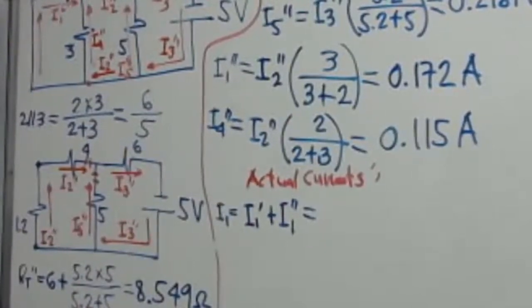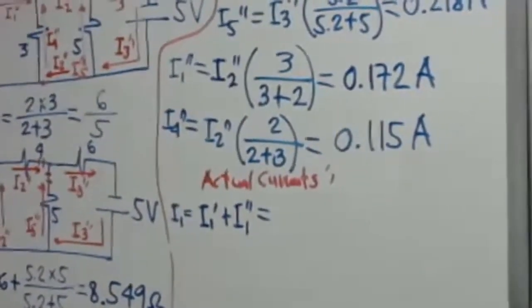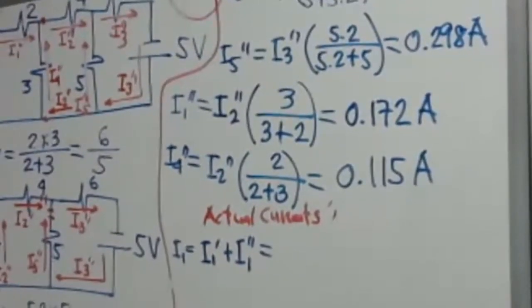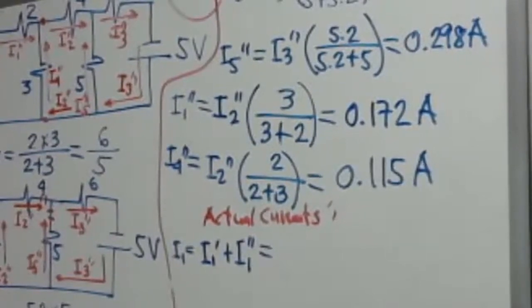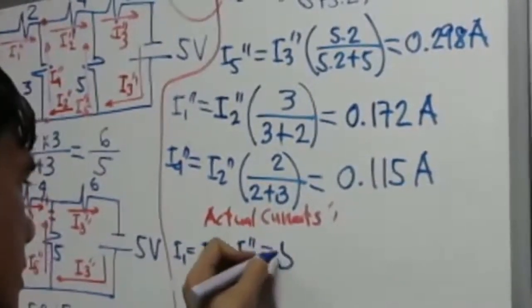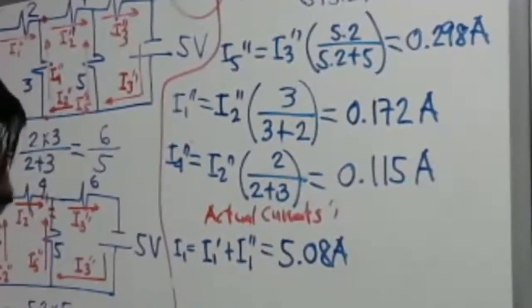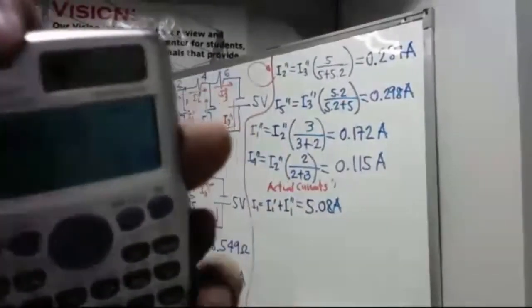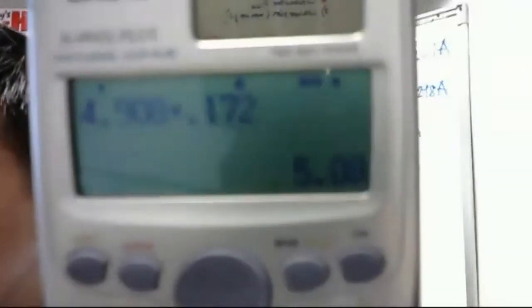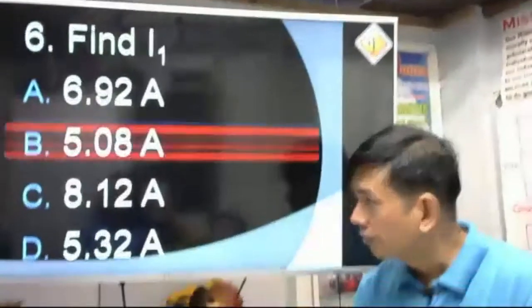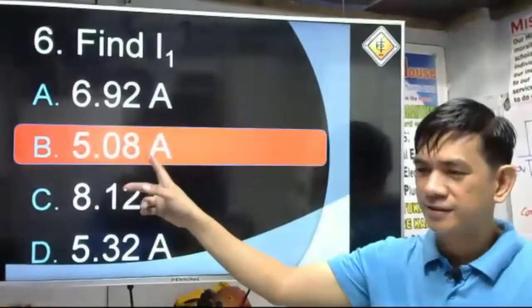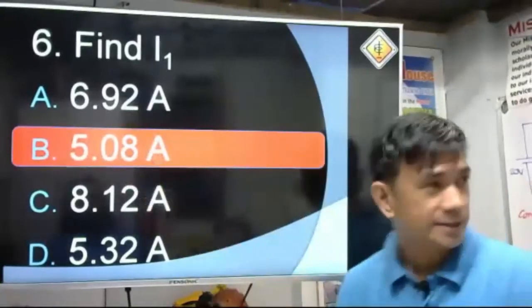Plus 0.172. The answer will be 5.08. See, let's look. It's in the choices. I got 5.08, it's in the calculator. Let's see if it's in the choices. There. Okay? So, that is letter B.